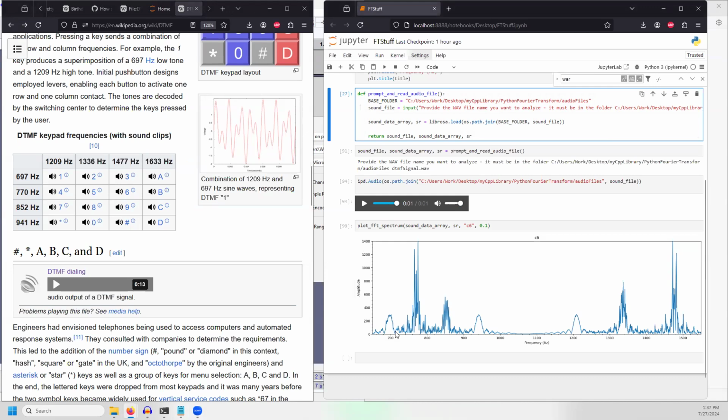So there's the 700, which is 697. There's the 700 and it's 20, 40, 60, 80. So like 770, which corresponds to the number four here, and 850 or something like that, 852, and 920 or 30, 940.